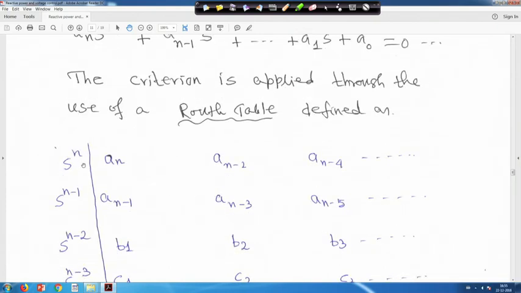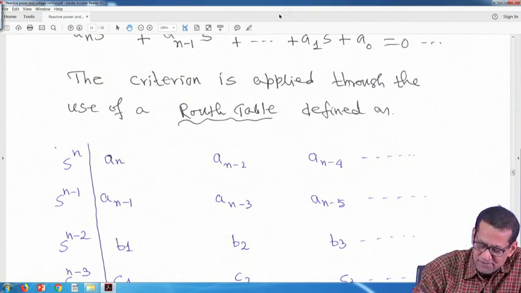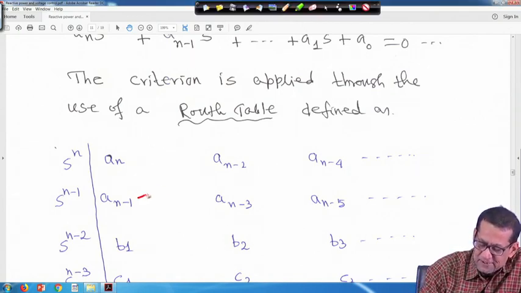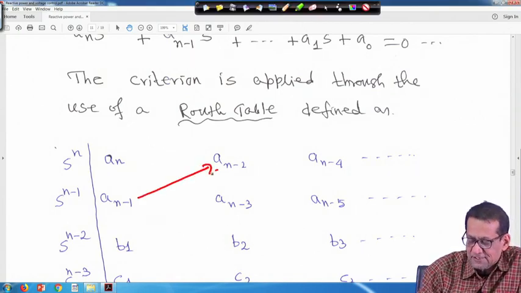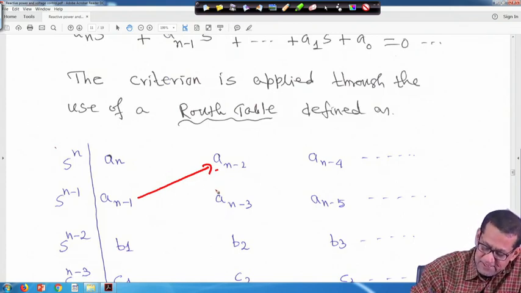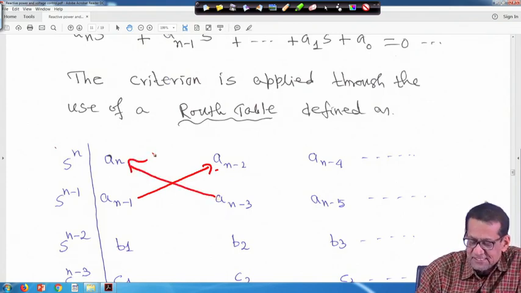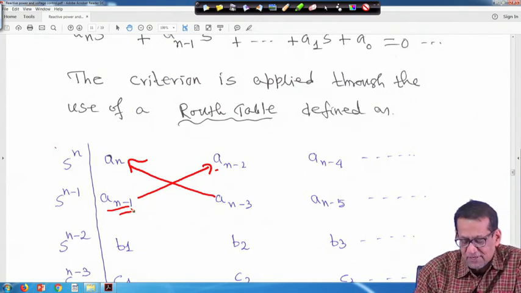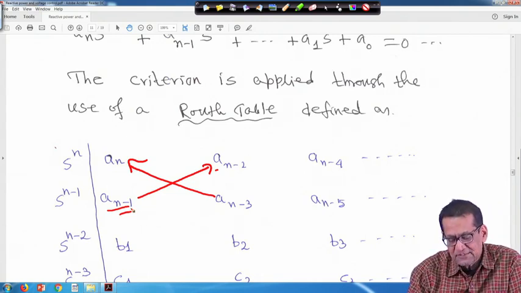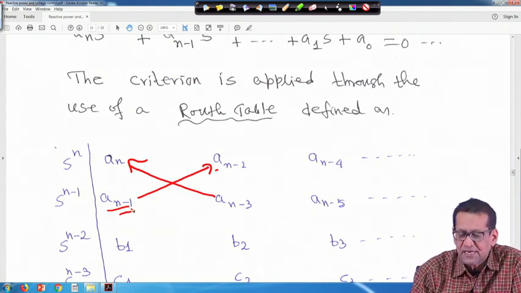For s to the power n minus 2, the first element is b 1, which is a n minus 1 into a n minus 2 minus a n into a n minus 3, divided by a n minus 1.